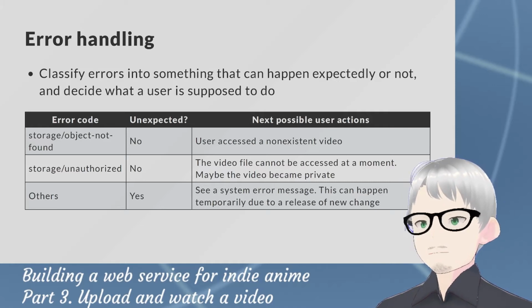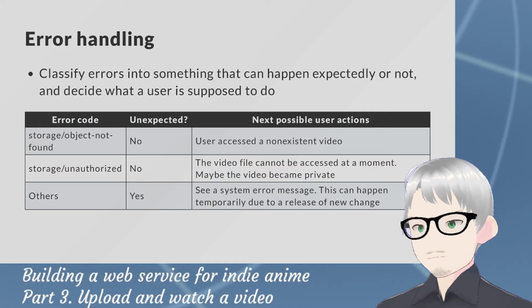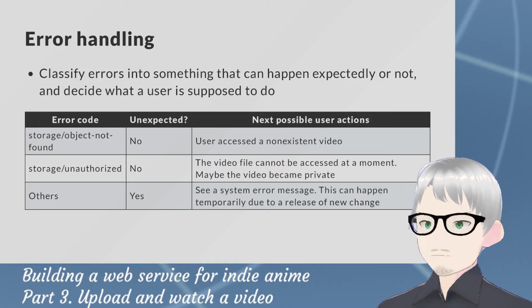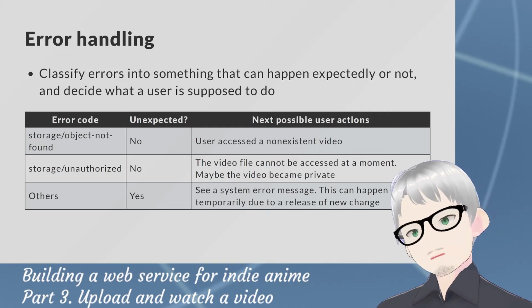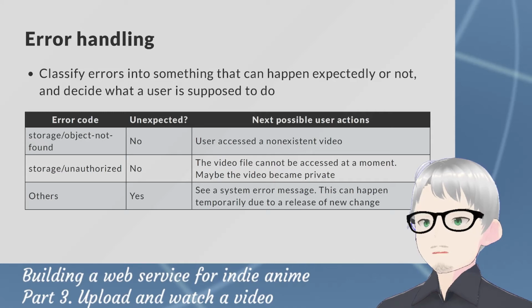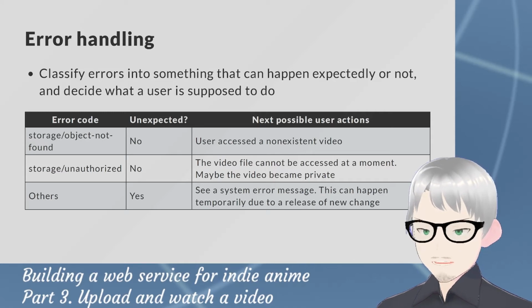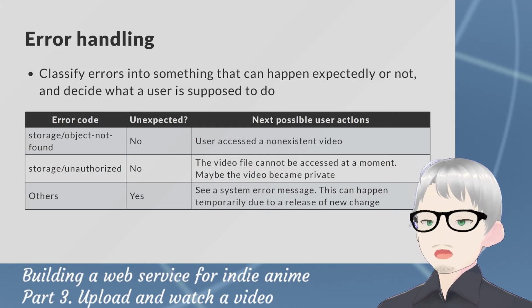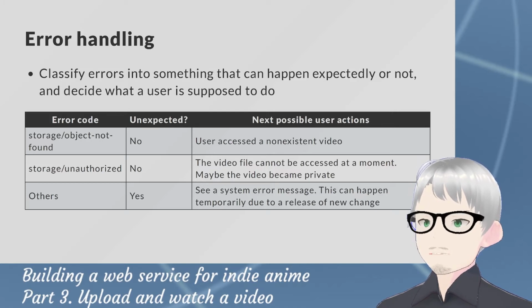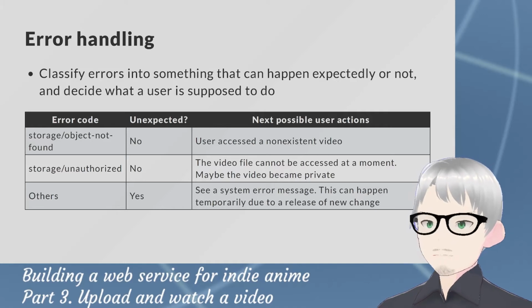One is the object not found error from cloud storage, and this case could happen when a user tries to access a video where there is no video. So in this case, we just show that this video doesn't exist to the user.